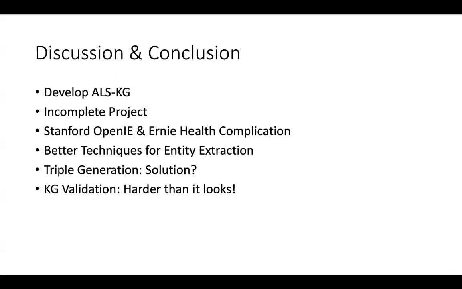And every day there is some new article coming in every other journal in the medical field showing something new they have discovered for ALS and the effect of a certain drug on the disease, on the progression of the disease, on certain stages of the disease. And so a knowledge graph is going to be crucial for sure.